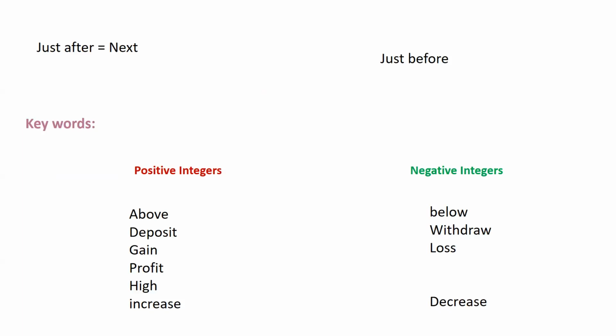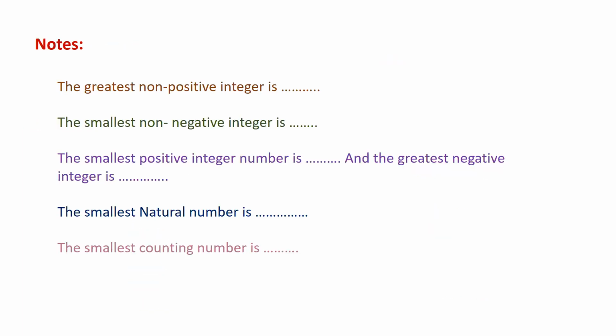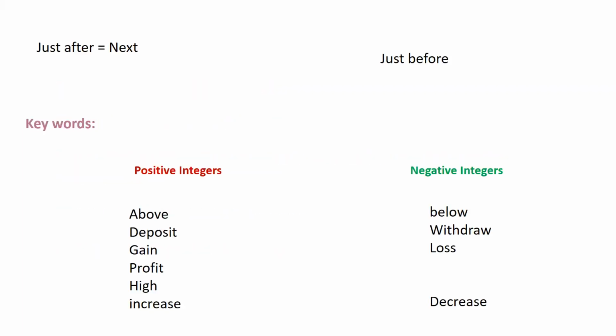Okay, if he asks me just after and just before. For example, he will give you a number like -2, and he asks you what comes just after -2, or he will say what is the number that comes next to -2. We are going to draw our number line to make it easier. Then put the number that he asked about.